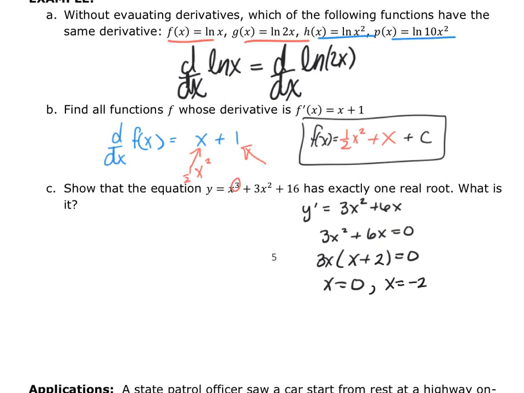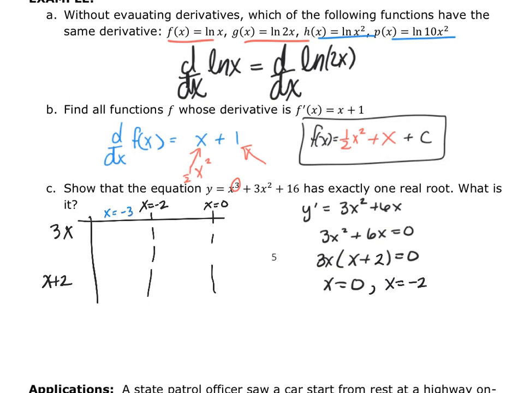So when I put in my sign chart 3x and x plus 2, my sign chart will include -2 and 0. So I'm going to choose something on the left side of -2, say -3. So this is negative and this is negative. That means this region is positive.